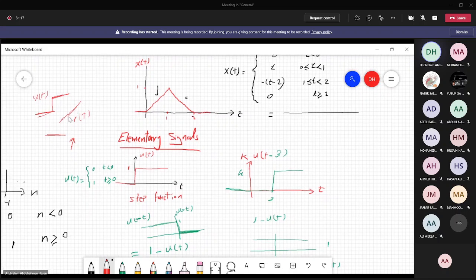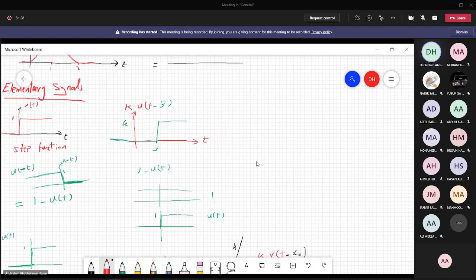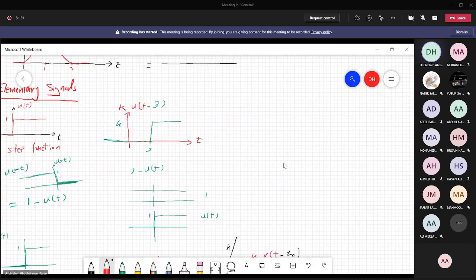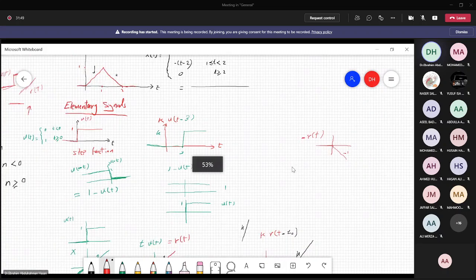When we say ramp, it could be a positive ramp or a negative ramp, with negative slope. For example, minus r of t means that the slope is negative: it is 0, then with the slope equal to -1. All of these are mathematical operations with a signal.